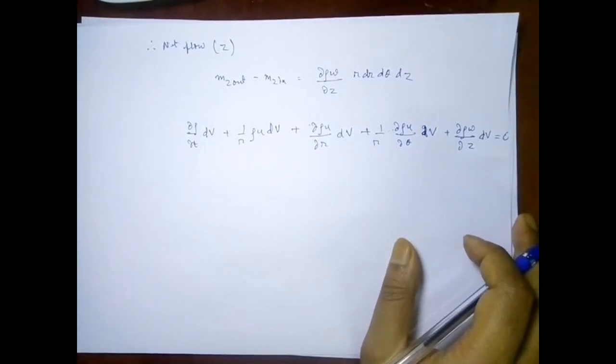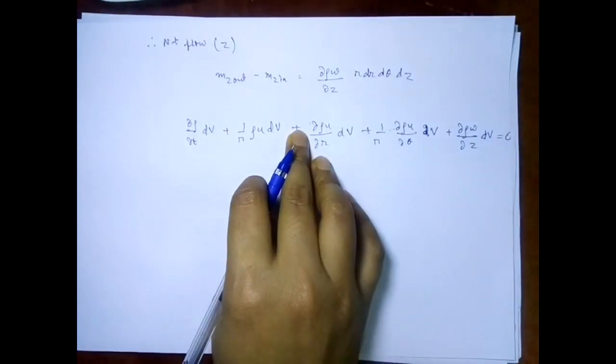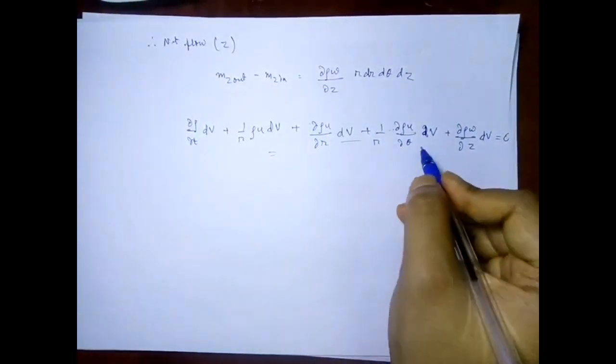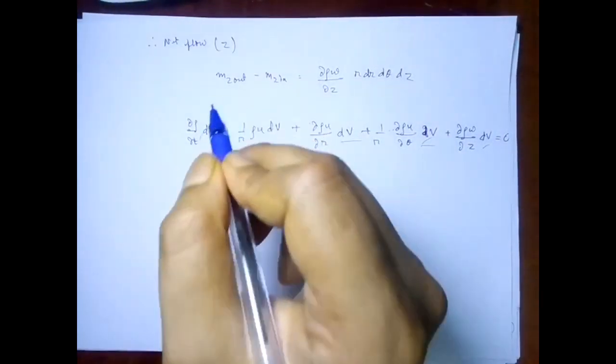So now we can put the things together to obtain the continuity equation, by dividing last with the dv terms, so that we eliminate this dv part.